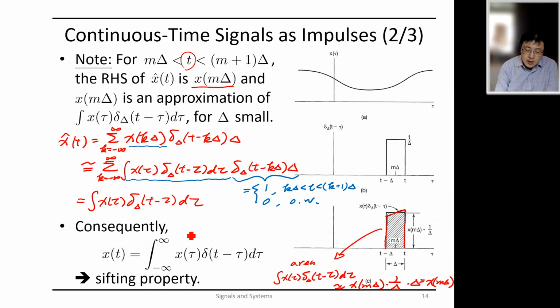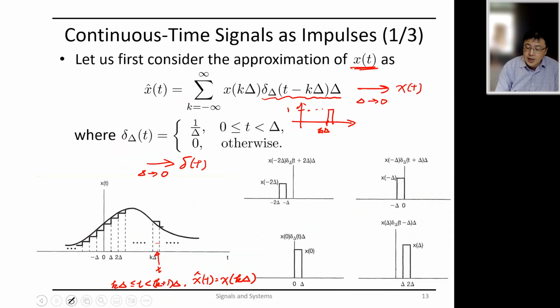So then consequently, as this delta becomes smaller and smaller and eventually goes to 0, we know from the previous slide that x hat converges to x of t.